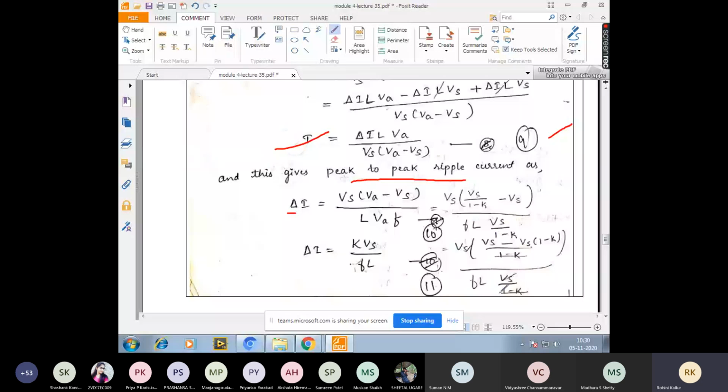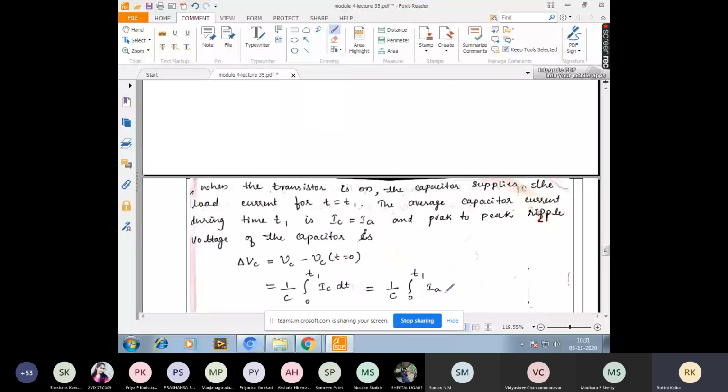So I'll cancel out this 1 minus K, and what is left is Vs minus Vs plus K Vs. So this will be equal to K into Vs divided by F into L. This is equation number 11.